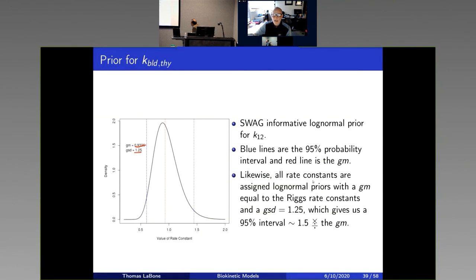So all the rate constants I'm going to assign priors with a GM equal to the Riggs rate constants and a GSD of 1.25. This gives us a 95% interval of about 1.5 times and divided by the point estimate, the geometric mean. I don't think they're overly informative, but they are not flat. They are informative priors.